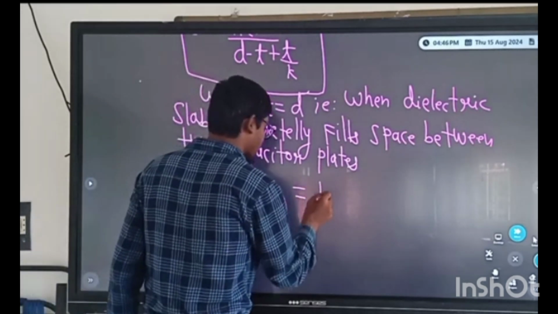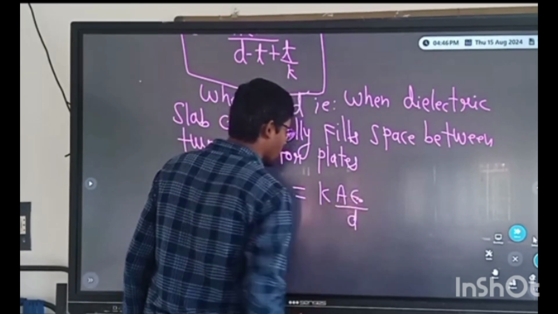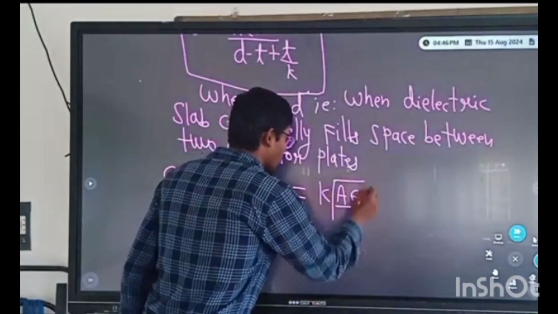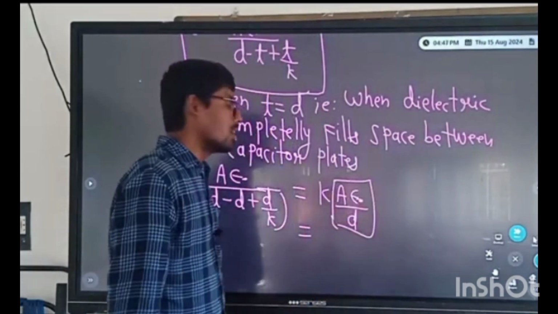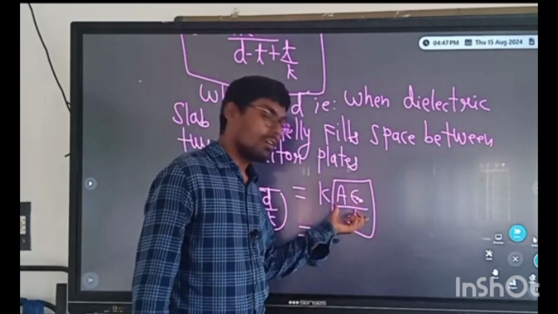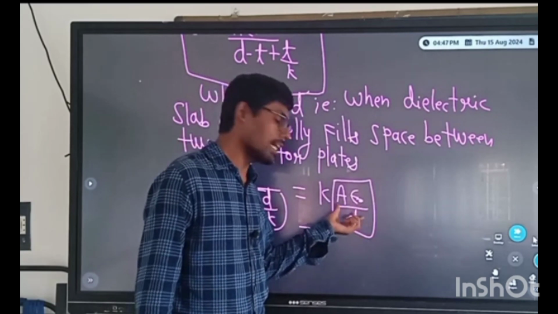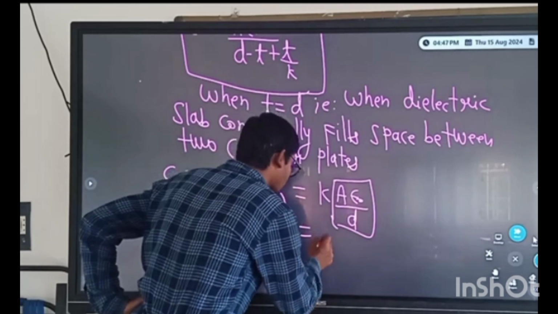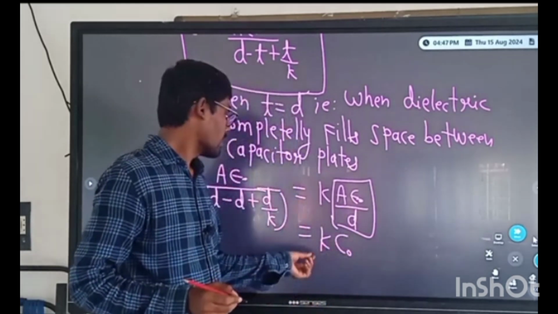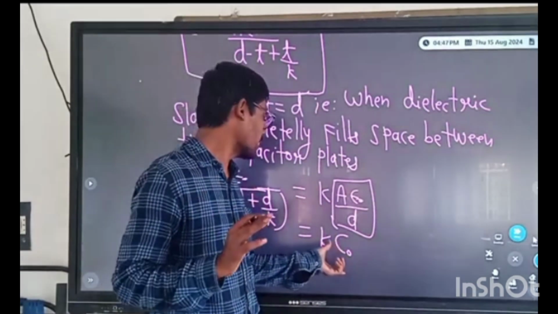So it becomes K A epsilon naught by D. This is the capacitance of the parallel plate capacitor when the separation between the two plates is D. So we can write K C naught, where C naught is the original capacitance of the parallel plate capacitor when nothing was inserted between them.